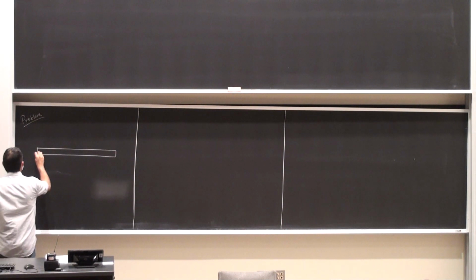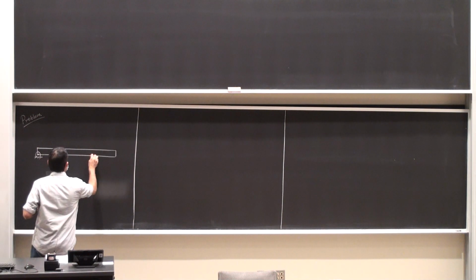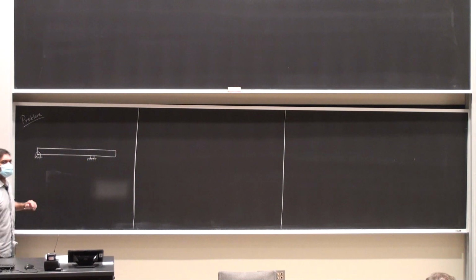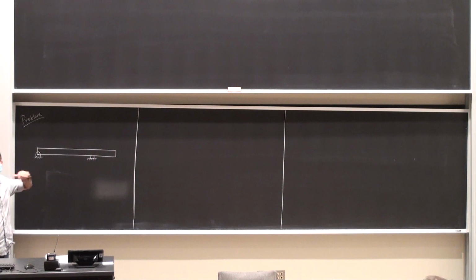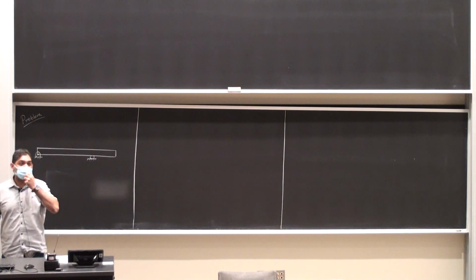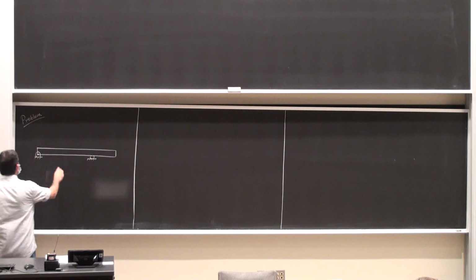It is similar to a simply supported beam, the only difference being that one of the supports will not be at the end of the beam. It will be somewhere before the end of the beam, which means that there is a small portion of this beam that's overhanging away from the support. And here is a loading situation on this beam.